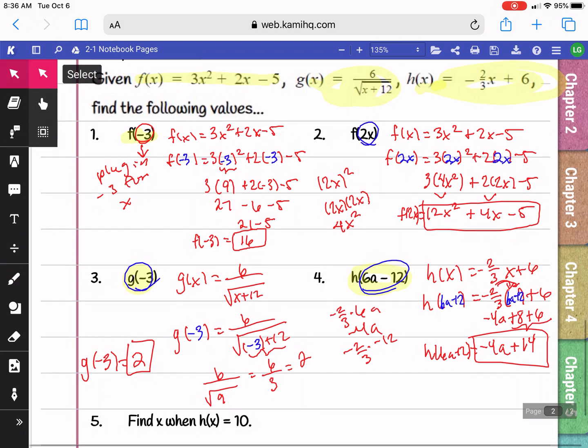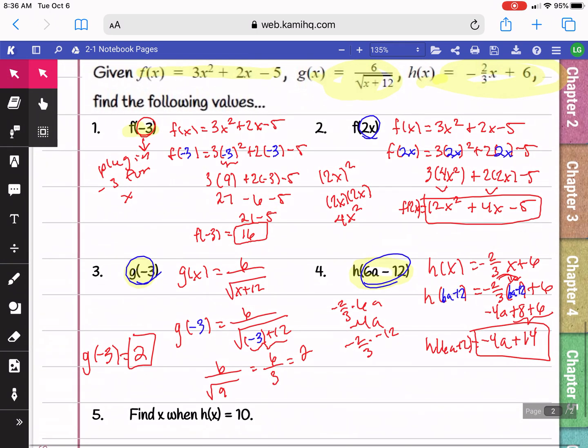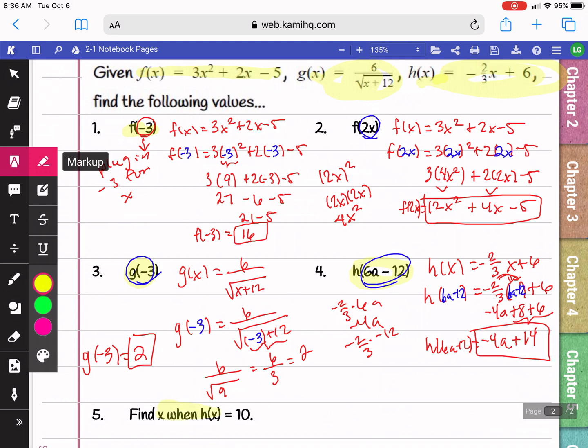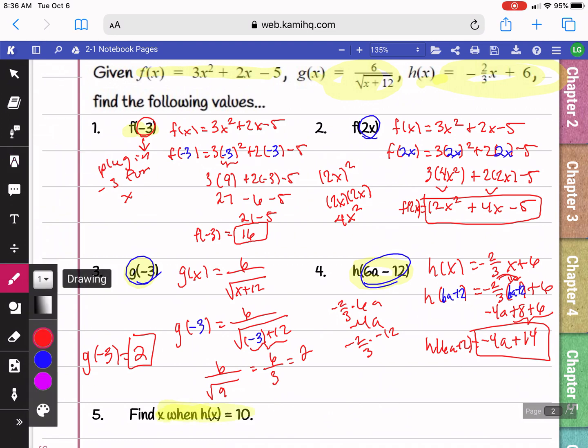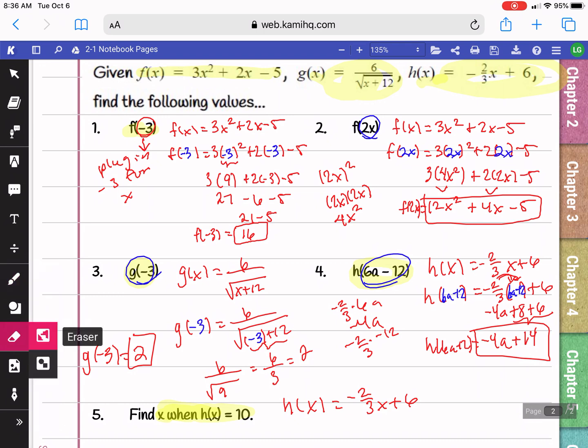The last problem here is a little different. They say find x when h of x equals 10. So we're using h of x. I'm going to write down h of x equals negative 2/3 x plus 6. But this time, when they're using h of x, they already told us that it equals 10.